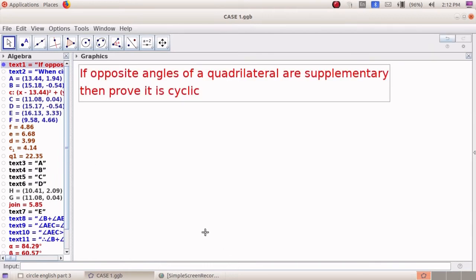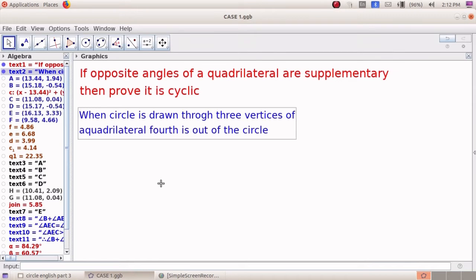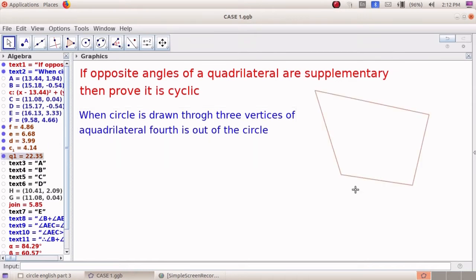As we said, if we draw a circle through three vertices of a quadrilateral, the fourth can be out of the circle. See, here a quadrilateral is drawn. When we draw a circle through these three vertices, this vertex may be out of this circle.